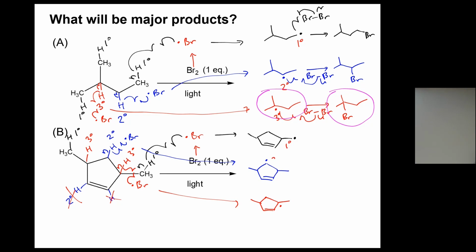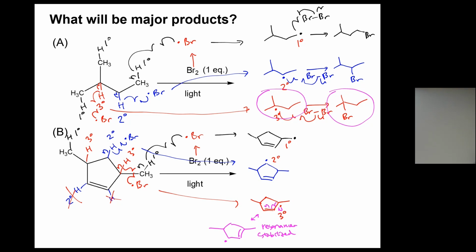Among the primary, secondary, and tertiary carbons, tertiary will probably be the best because it has the most carbon substitutions. But in this particular case, not only that, but this one is also more stabilized. Can you guess what the extra factor is for stabilizing that tertiary radical? This one doesn't have it, that one doesn't have it, but this one has. So what is it? Yeah, that's resonance stabilization.